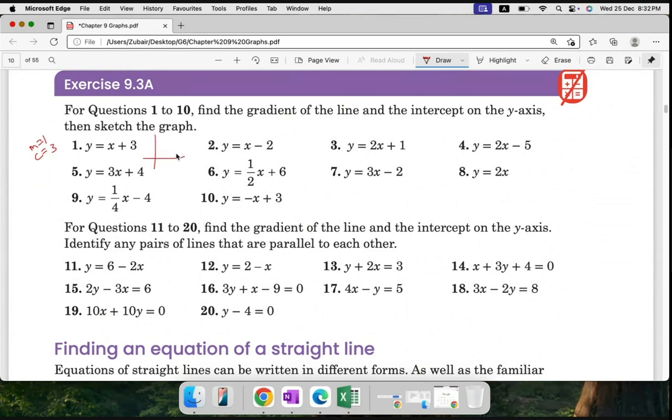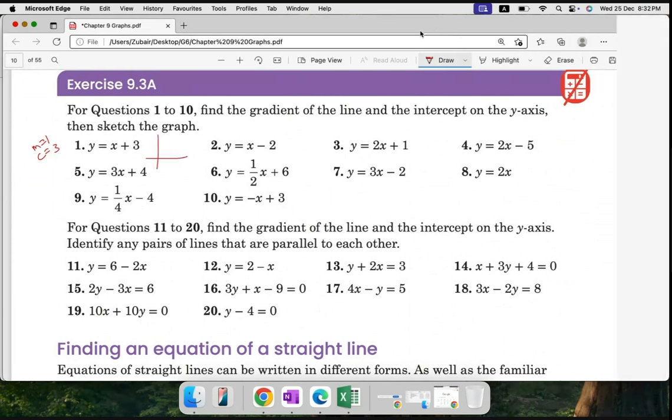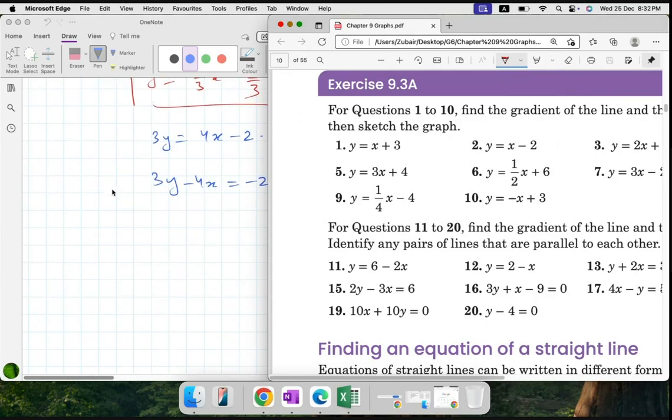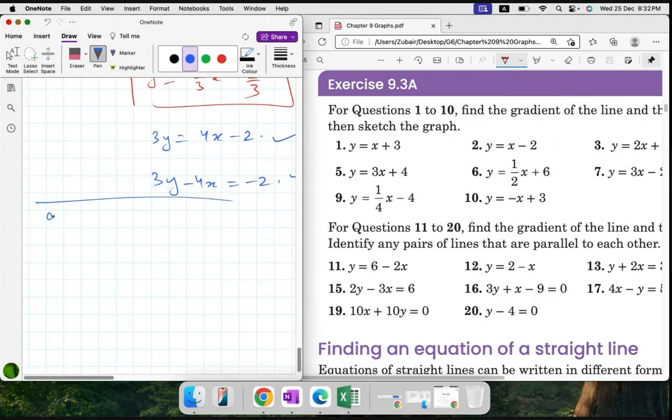And how will this sketch look? Let's have some more writing space. Question number 1, y is equal to x plus 3.